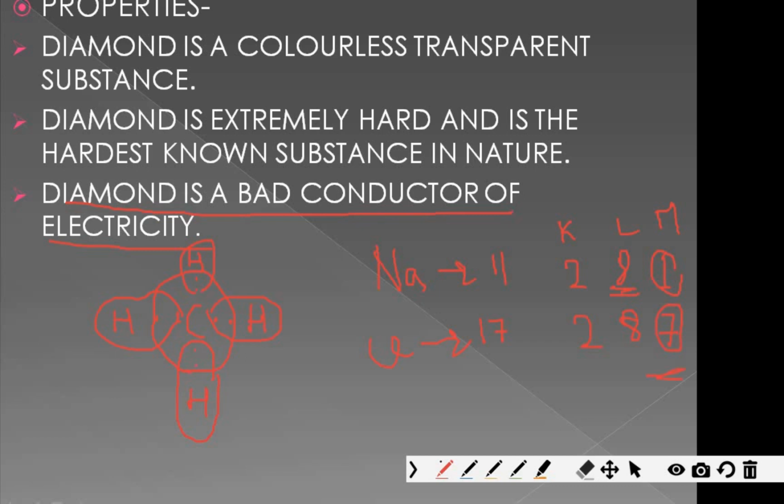So sodium gives the electron to chlorine and thus chlorine gets a stable configuration. But chlorine has 17 protons in the nucleus, and if 1 electron is added to the electrons total, we have 18 electrons.